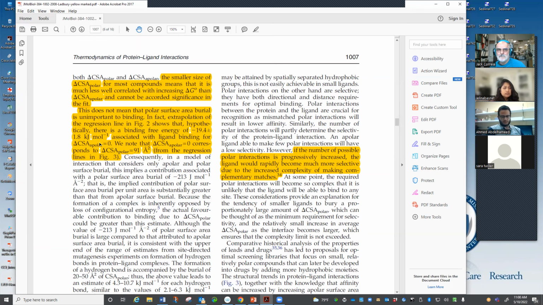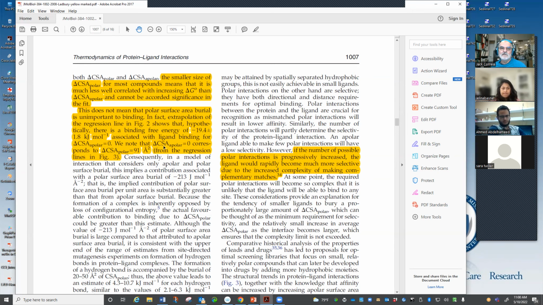All right. So even in the absence of apolar, we can have a significant binding constant. It just doesn't show up in this plot and in this way of looking at the data, this way of correlating polar and apolar with free energy, polar and apolar with surface area burial. But if you go to the place on the plot where the apolar is 0, you'll still have appreciable energy.